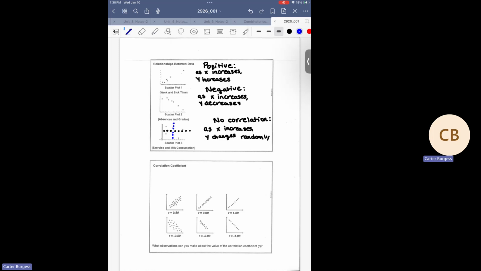The next element was whether it is a strong correlation or a weak correlation, or somewhere in between. And then the third element was, is it going to be a linear correlation or a nonlinear correlation? Do we have something other than a linear relationship with our data?